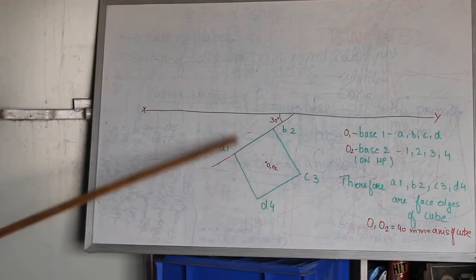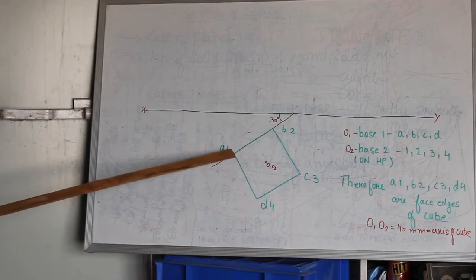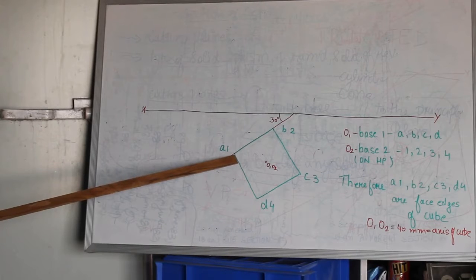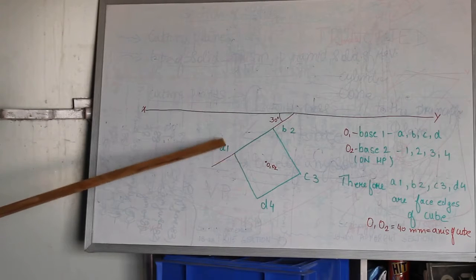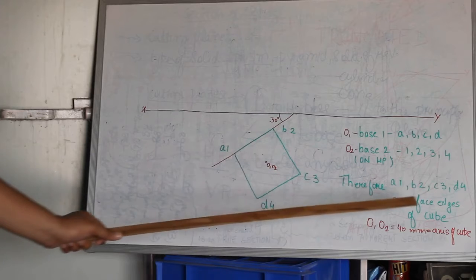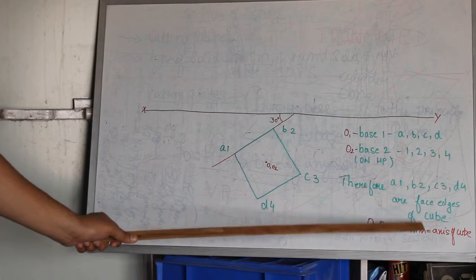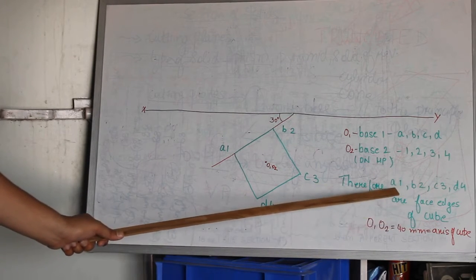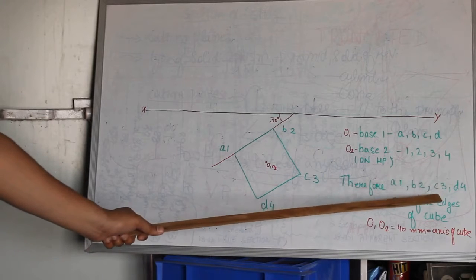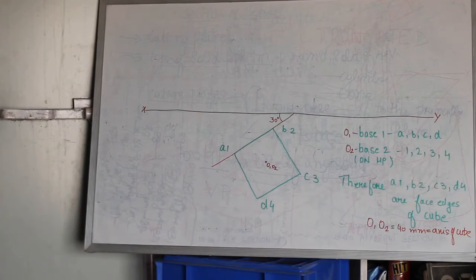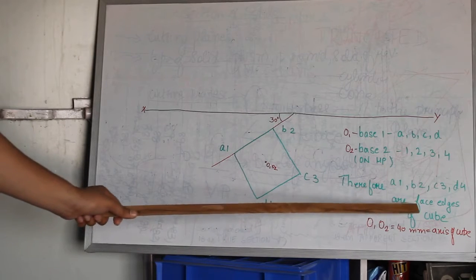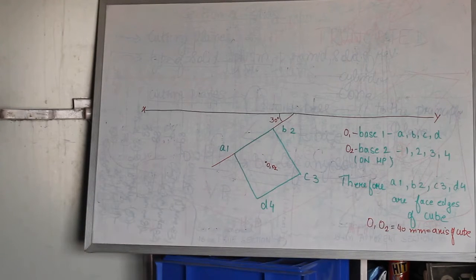So joining the corners together, this corner of base 1 and base 2, if I join them together, these make the face edges of the cube, like here. So A1, B2, C3 and D4, these are the face edges of the cube. Now the face edge of the cube will be of what height?